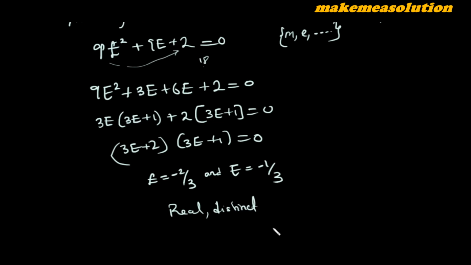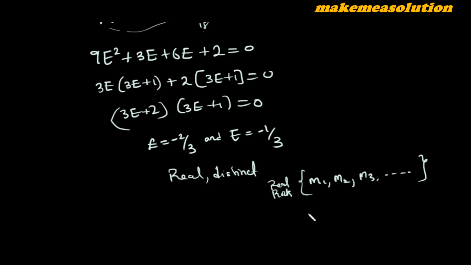Now, when you solve an auxiliary equation in a difference equation and you get real roots in the form m1, m2, maybe m3, and so on, for all these real roots, your solution y_n is going to be: choose an arbitrary constant c1, then m1 raised to the power of n, plus c2 m2 raised to the power of n, plus and so on.